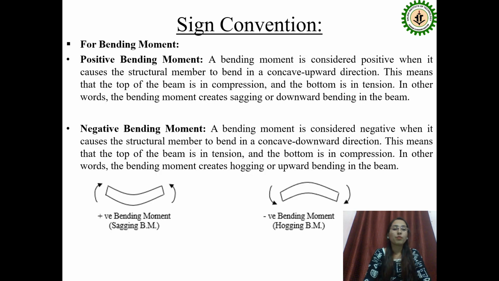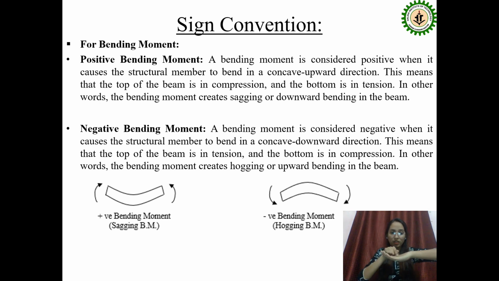Next, for bending moment. A bending moment is considered positive when it causes a structural member to bend in a concave upward way. This means that the top of the beam is in compression and the bottom is in tension. If it is bending like this, that is sagging bending moment.